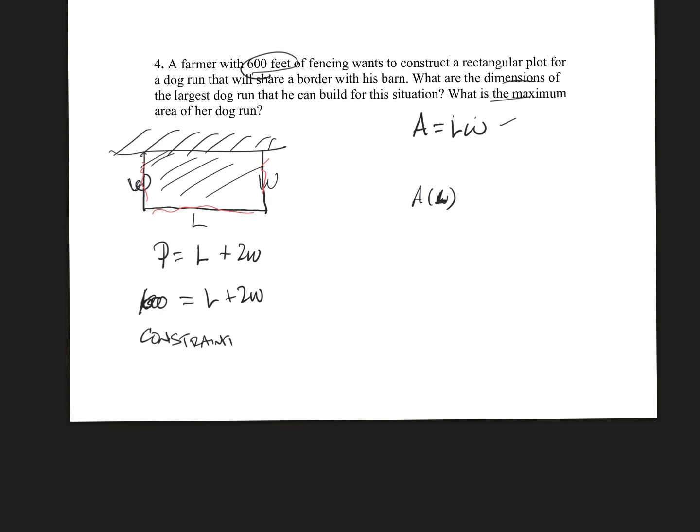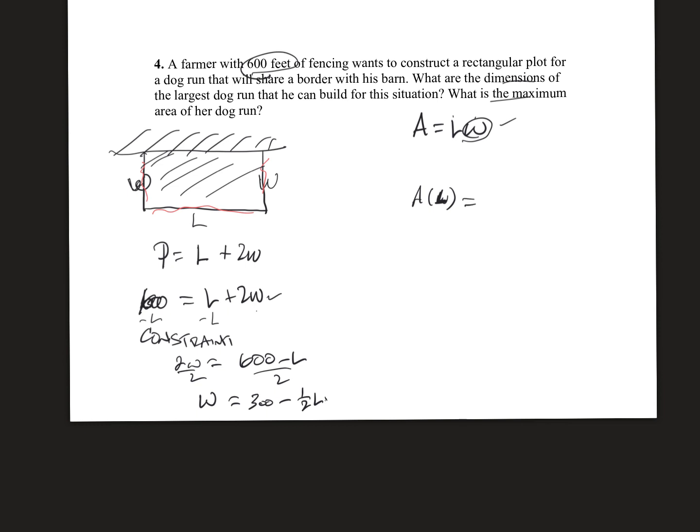So that means I'm going to come over here and solve for W. If I subtract L from both sides, we get that 2W is equal to 600 minus L. Dividing by 2, we get that W is equal to 300 minus 1/2 L. So I'm now going to take this information and replace this W with that.